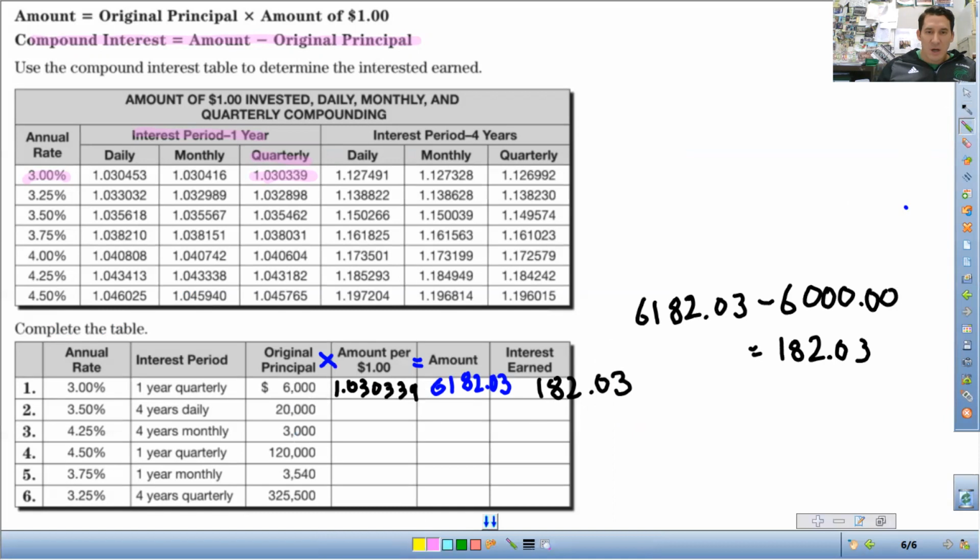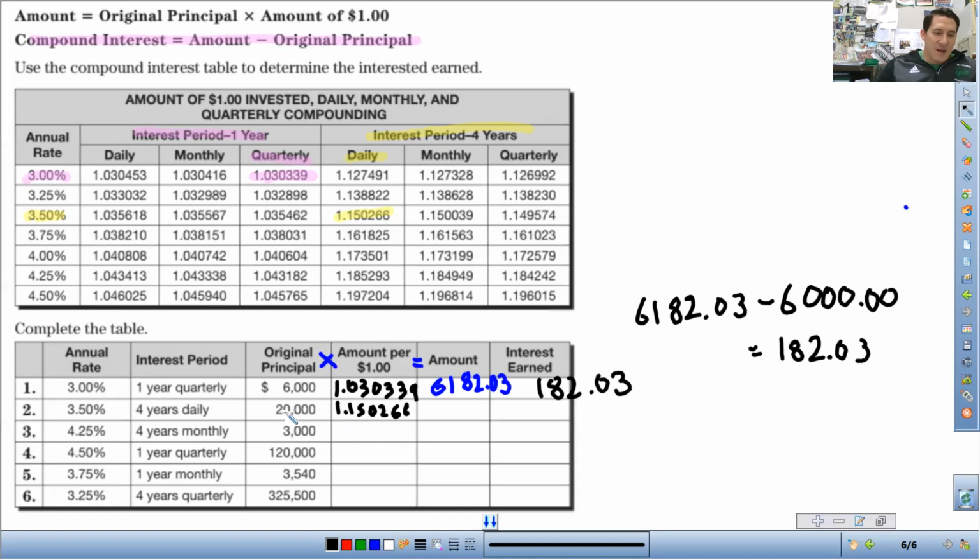Let's do one more. So this one is 3.5%, compounded daily for 4 years. So that is this value right here, 1.150266.